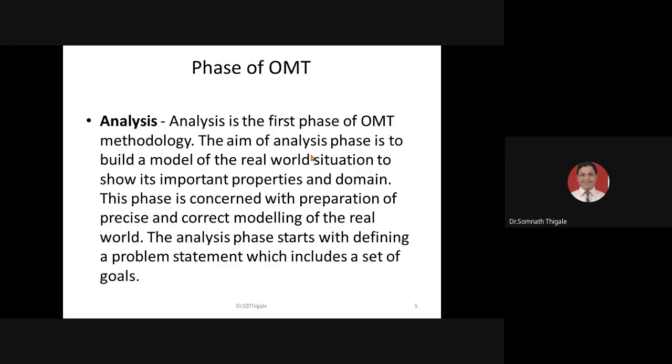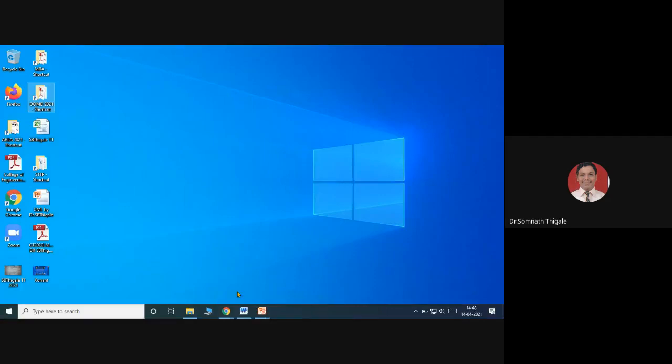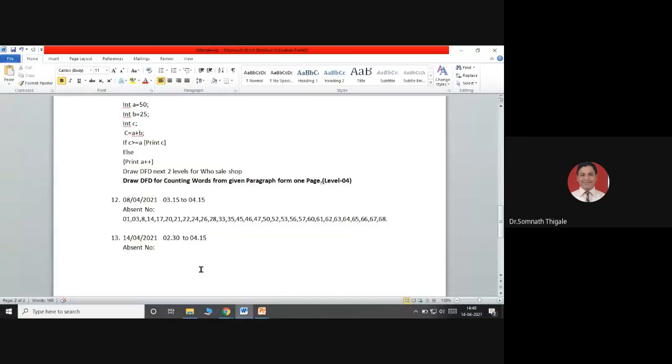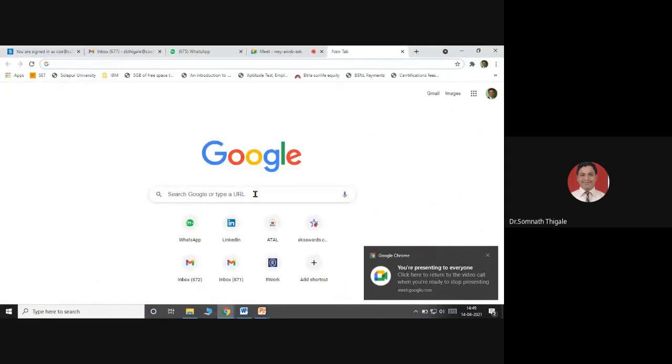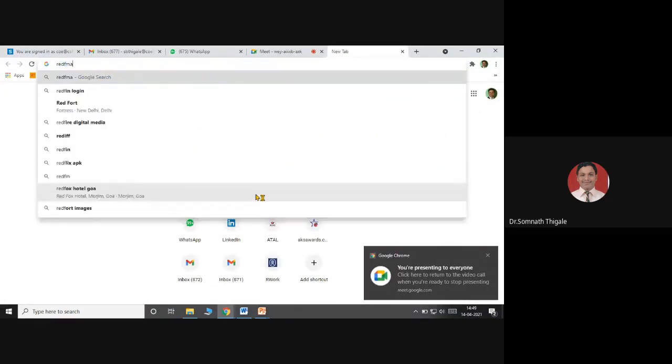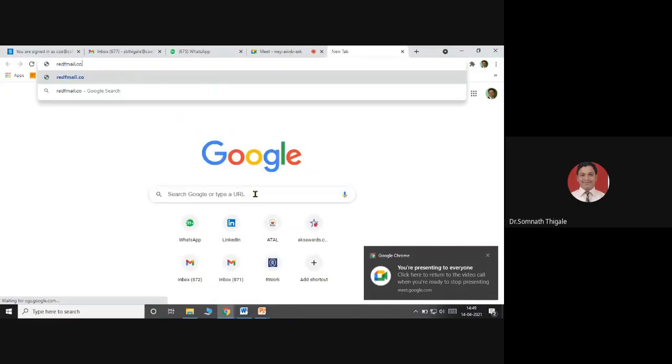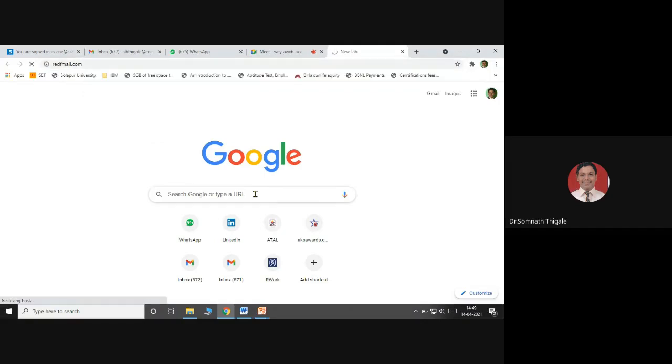So let's take a simple example that you all are aware of. You are all aware of one system, for example, rediffmail.com.